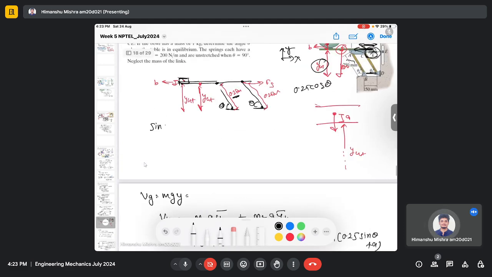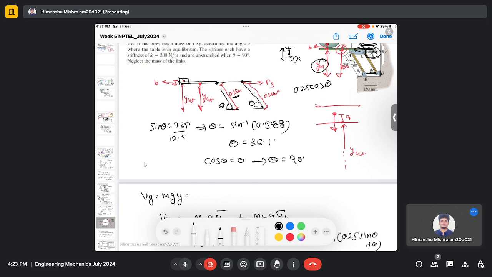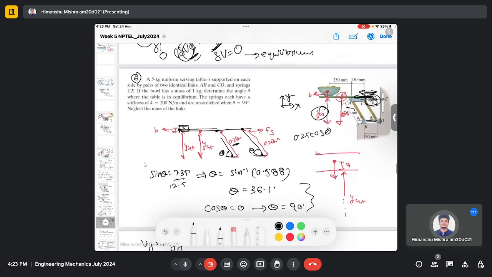So sin theta equals 7.35 divided by 12.5, so theta will be sin inverse of 0.588. So theta will be 36.1 degrees, and we also have cos theta equals 0, so from here we will get theta equals 90 degrees. So these are the equilibrium theta values we needed to find out.